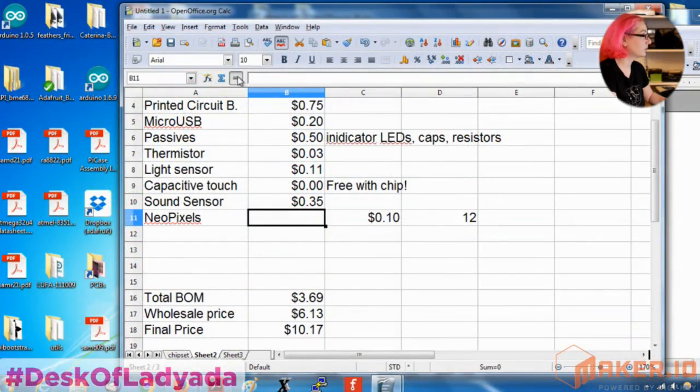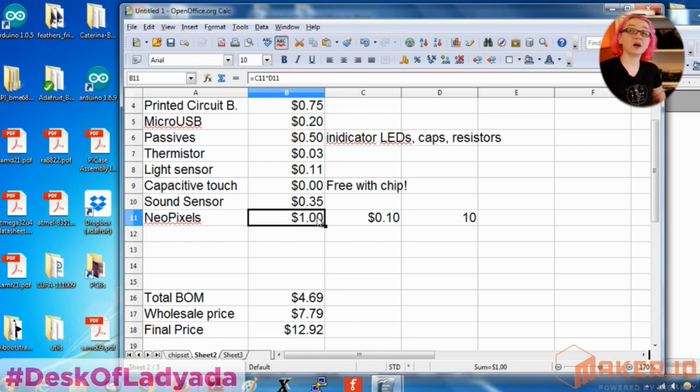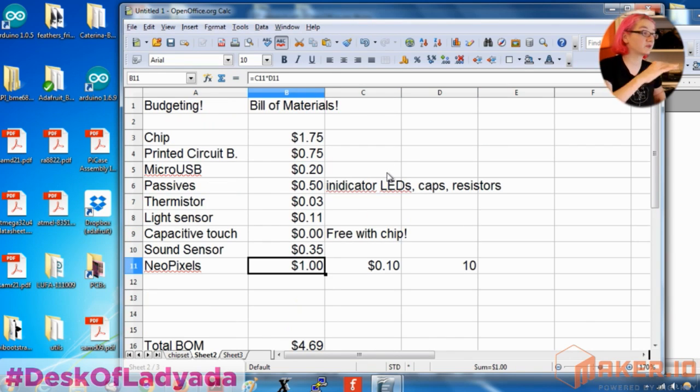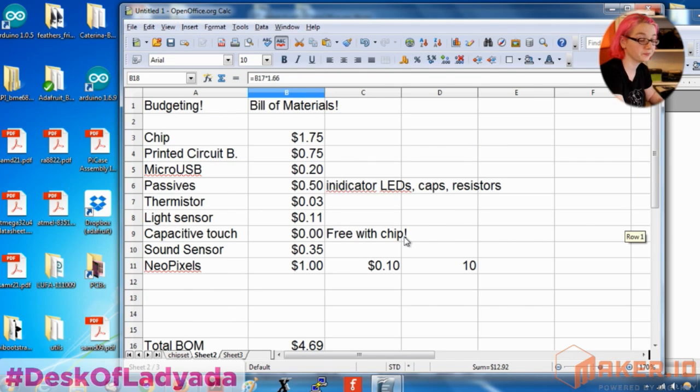So we can multiply this times this, and then adapt how many we want to have. Turns out I couldn't end up fitting 12 on the PCB, so it ended up being 10. So NeoPixels adds quite a lot. Other than the chip, it's the most expensive subcomponent. But they're pretty cool. So these are the trade-offs: is it cool enough? Well, I'm getting to $13, but I think this is pretty good.